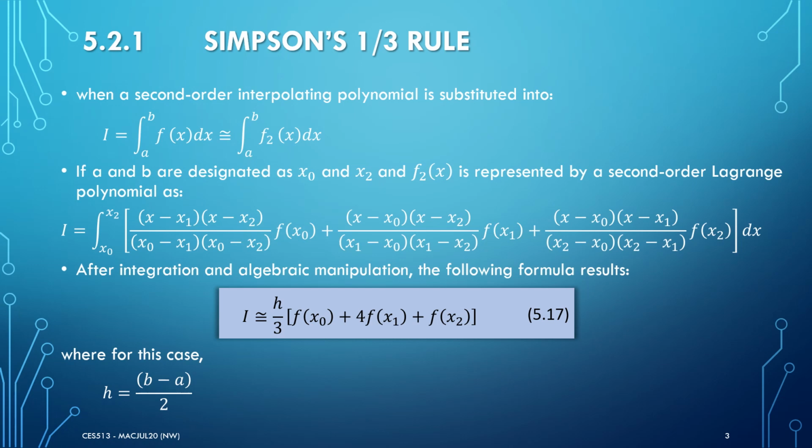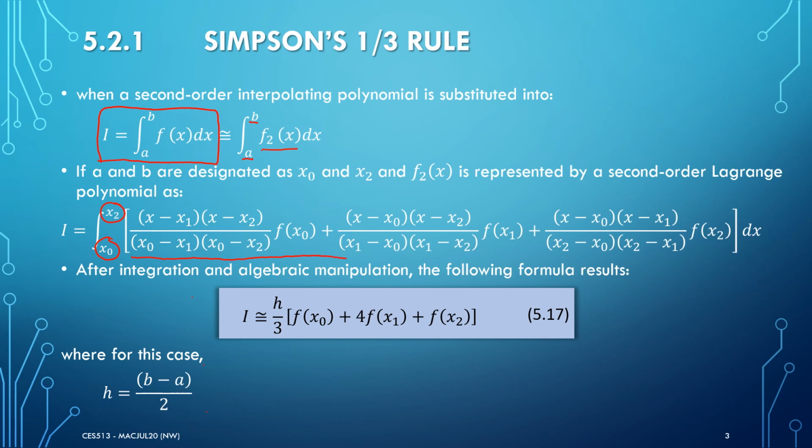So now we will look at what is the Simpson's one-third rule. Okay, so the Simpson's one-third rule is when a second order interpolating polynomial is substituted into the integration equation of function f(x). So if a and b here are designated as x0 and x2, and f2(x) is represented by a second order Lagrange polynomial.